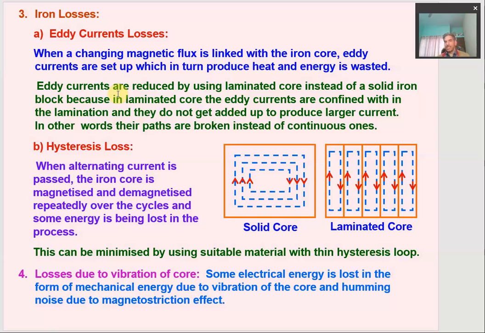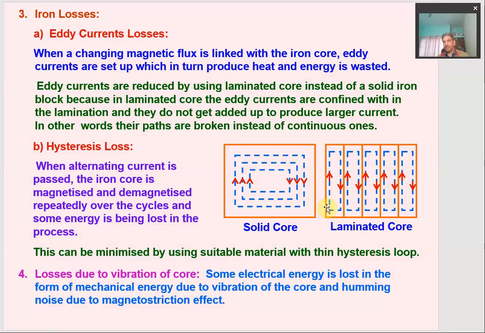To minimize this energy loss in the form of eddy currents, what we do is take strips of iron. In place of a single core, we make use of a number of strips for the iron core. In case of a solid iron piece, a large amount of current will flow over the surface, whereas in case of laminated strips, there will be a smaller path.